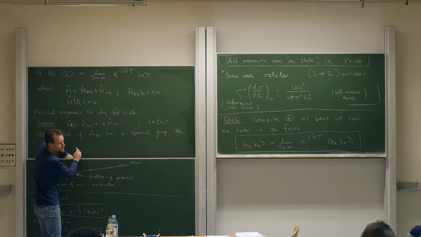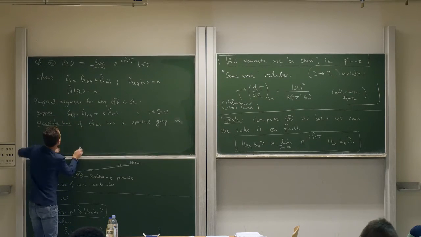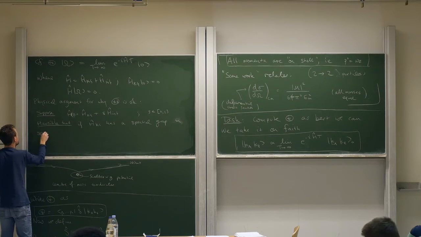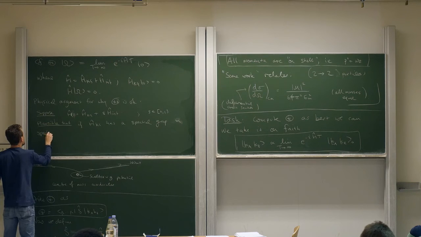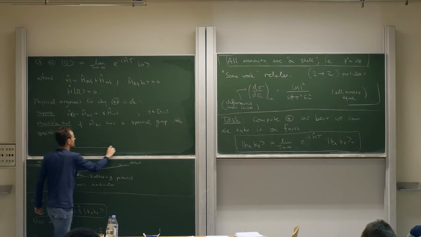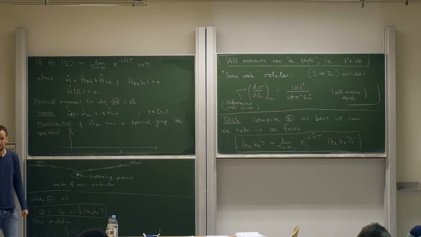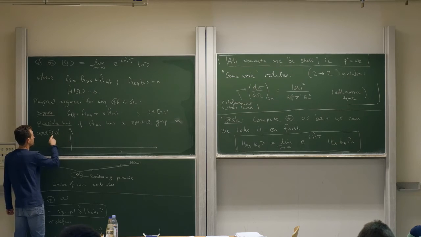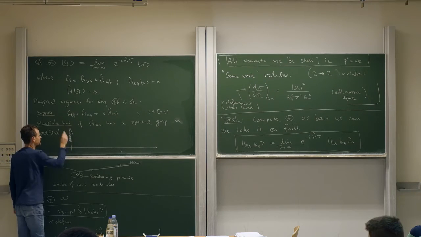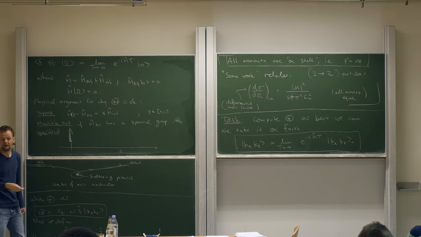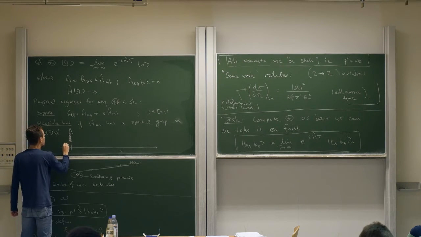So I'm going to draw a cartoon of the spectrum of this operator here, the spectrum of H_S, as a function of S. When S is 0, the spectrum of H_S is just the Klein-Gordon spectrum, and there's absolutely continuous spectrum above some gap delta, which is m.